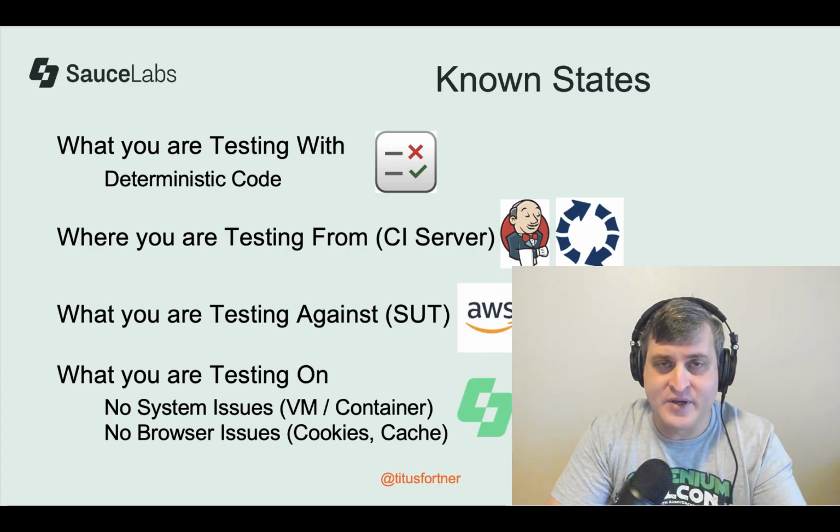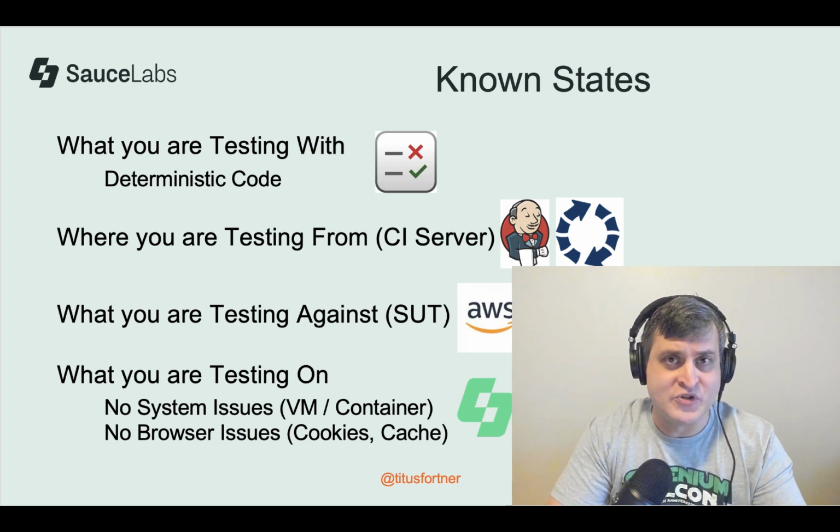That state has to be understood, and everything that you're going to be doing in that test starts from a known position. And then everything in your test needs to be deterministic, which means you're not checking the URL and taking different actions based on whether you see one locator or see another. You know what flow your site needs in order for you to go through that particular test.